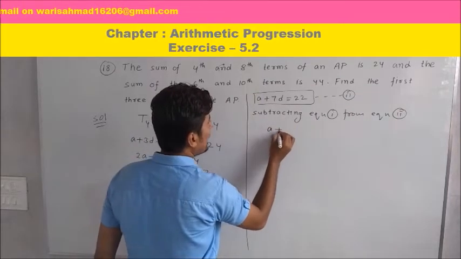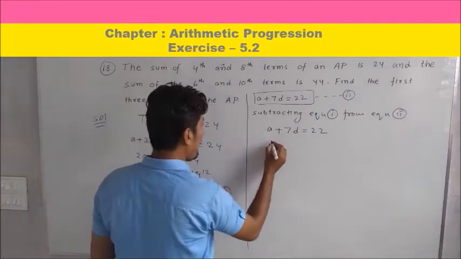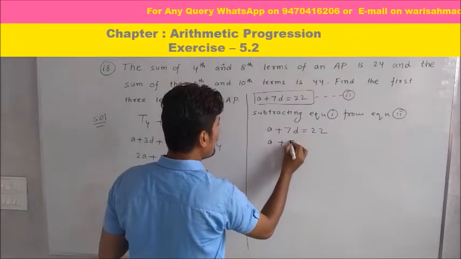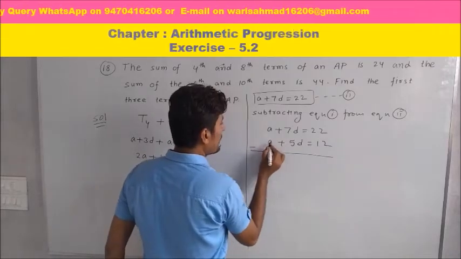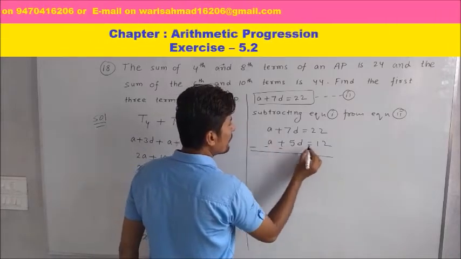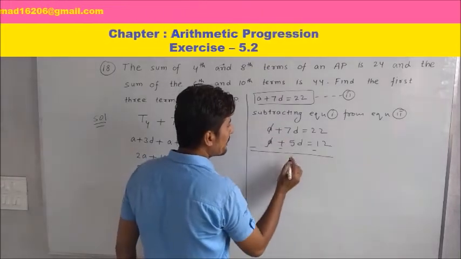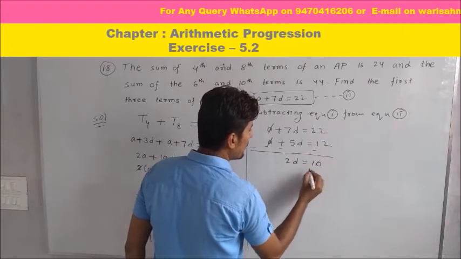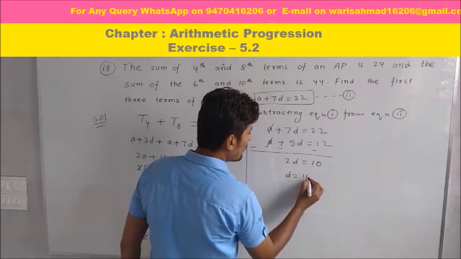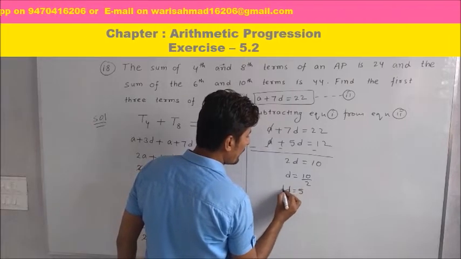In the second equation we have A plus 7D equals 22, while in the first equation we have A plus 5D equal to 12. Positive becomes negative, and positive becomes negative. A will cancel. 7D minus 5D equals 2D equals 22 minus 12 equals 10. So the value of D equals 10 upon 2, or we can say D equals 5.